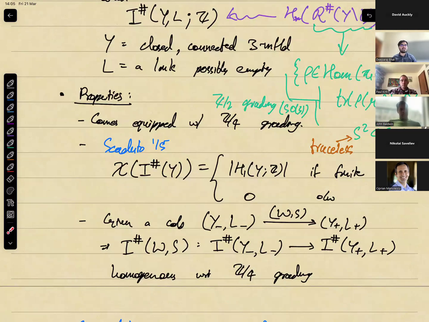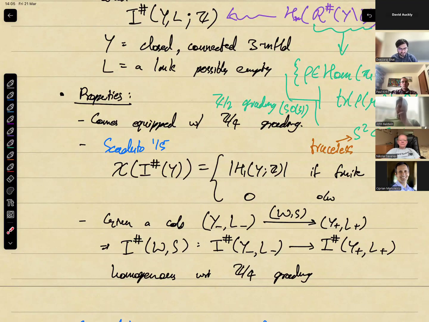But regardless, in either case, you can still always talk about the Euler characteristic. And this is a result by Chris Scaduto that the Euler characteristic of the instanton Floer homology for a three-manifold is the size of the first homology if it's a rational homology sphere, and it's zero otherwise.